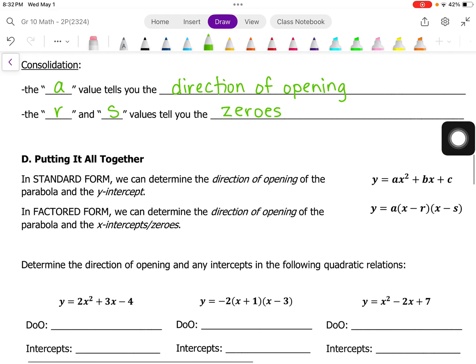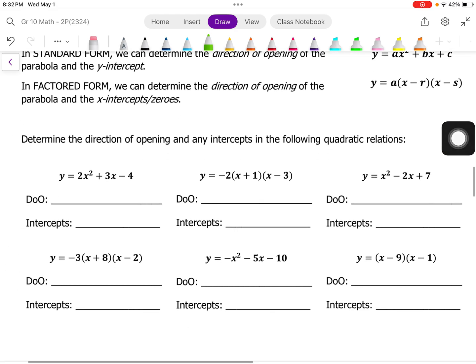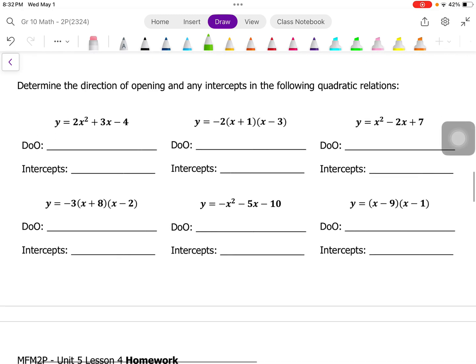So let's give these a try over here. So in all of them, we get the direction of opening from that a value, whether we're in factored form or standard form. So over here, my a is a +2, so positive a value means my direction of opening is up. Over here, it's a negative, so that one is down.